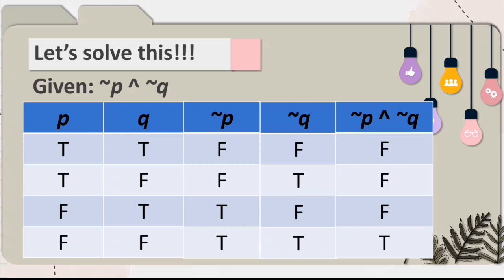In the third line, true and false, the result will be false. And the last line is true and true, so the result will be true. Looking at the result of the last column, we can determine that it is a contingency, both true and false, as seen in the last column of your solution.